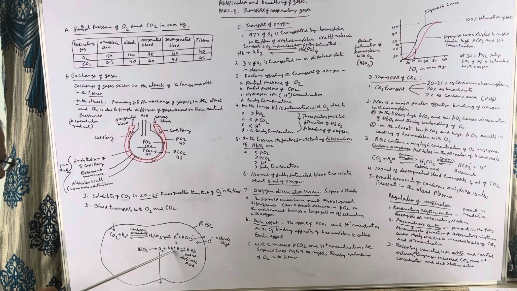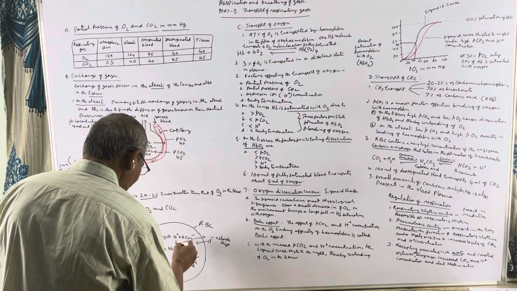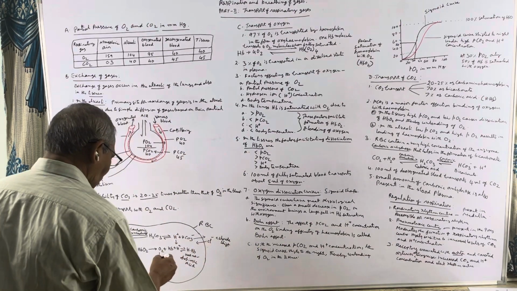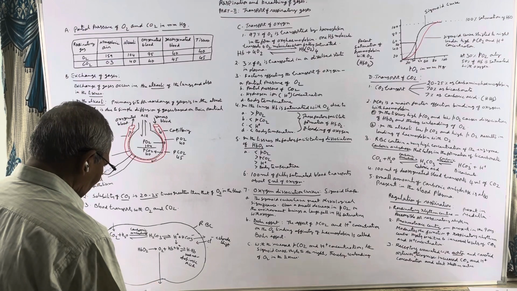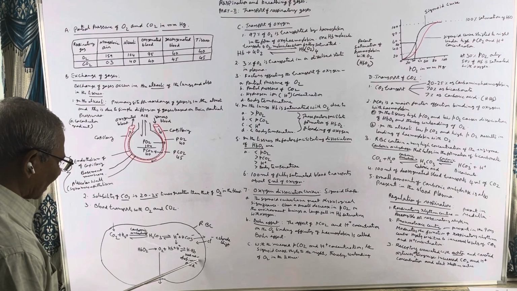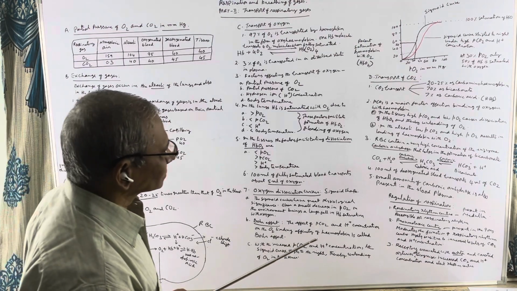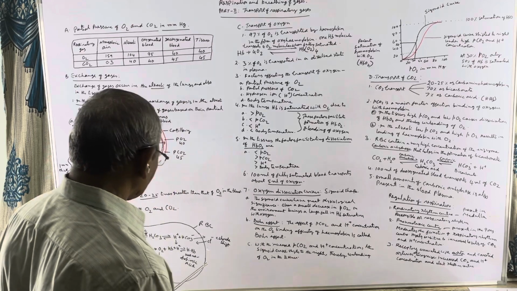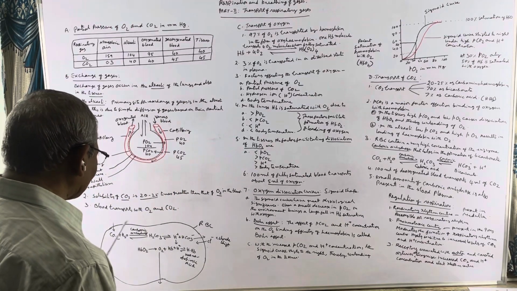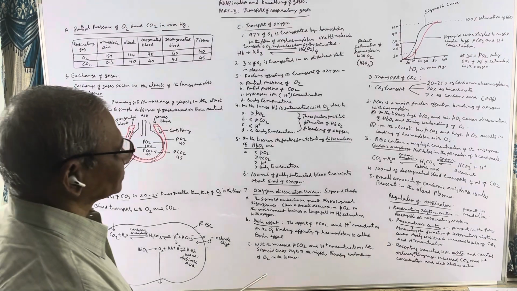This hemoglobin combines with these hydrogen ions and forms hemoglobinic acid. In this way, RBC participate in the transport of carbon dioxide.